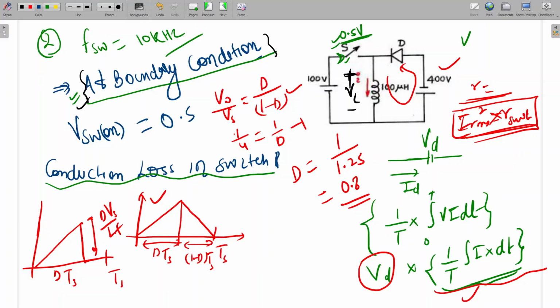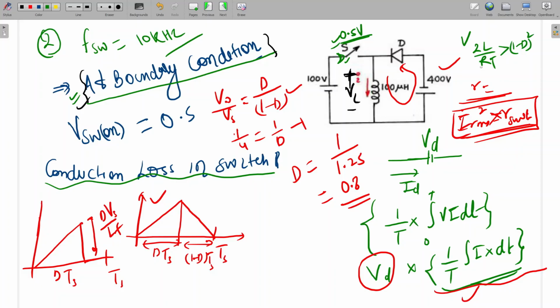If nothing is given, then we check the condition for continuous or discontinuous. That too, if a 2 marks question is given, then only we should think of this. For 1 mark they will not give. For a 2 mark or fill in the blanks type question, first check this condition. It is just a one line equation: 2L by RT should be greater than (1 minus D) square.